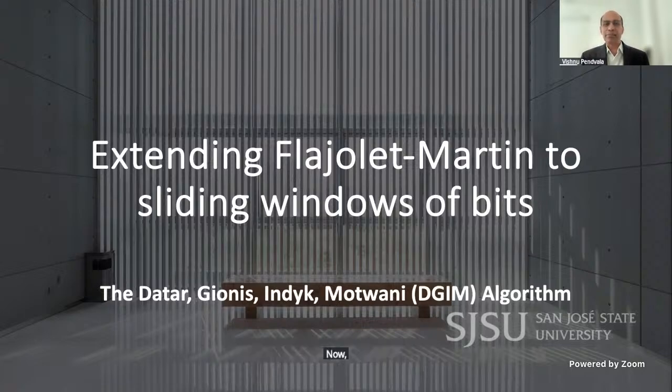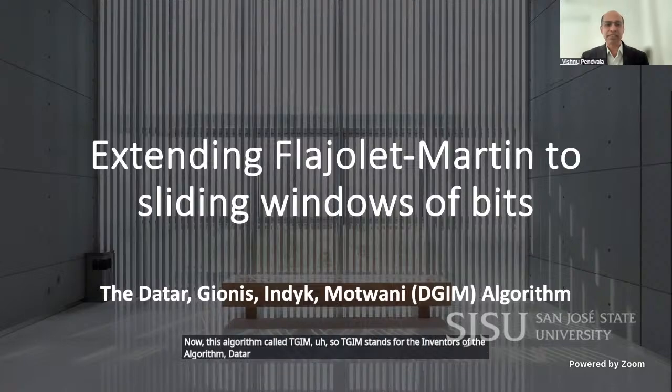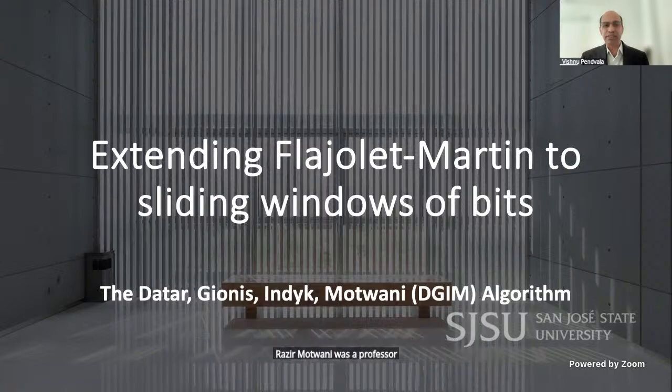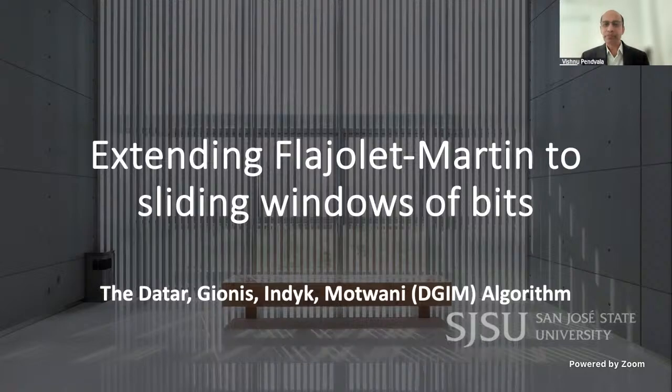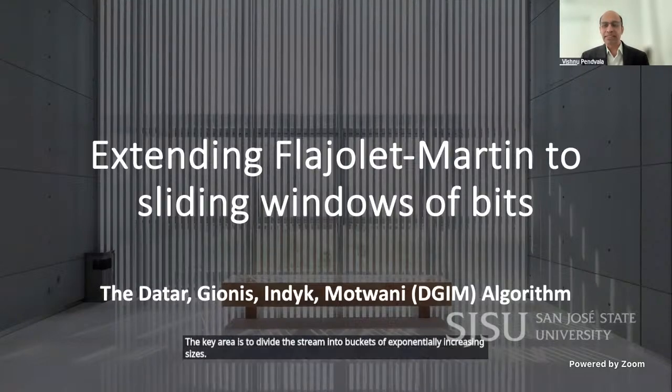Now this algorithm is called DGIM, which stands for the inventors of the algorithm, Datar, Gionis, Indyk, and Motwani. Rajiv Motwani was a professor at Stanford University, who unfortunately passed away. So they invented this algorithm. The algorithm basically summarizes the past very cleverly. The key idea is to divide the stream into buckets of exponentially increasing sizes.